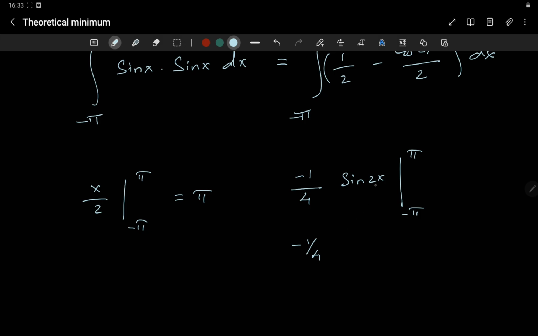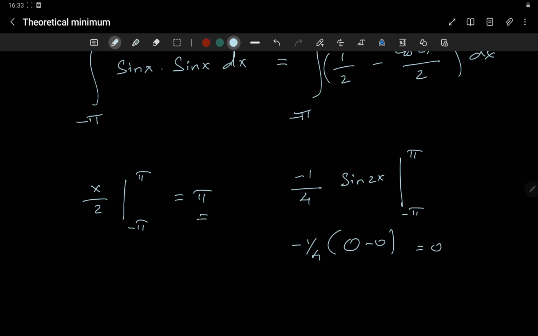Sin 2 pi is 0, and sine of minus 2 pi is also 0. So 0 minus 0, which is 0. So the answer is just pi.